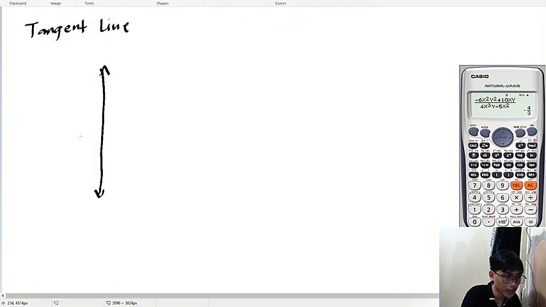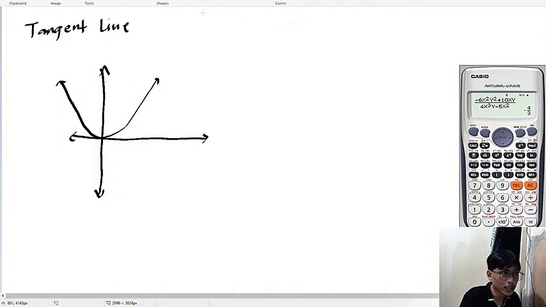Let's have an xy plane, and we have here a quadratic curve. So the slope of the tangent line is the first derivative of the function. Right? Now, how do we get the equation of this tangent line?